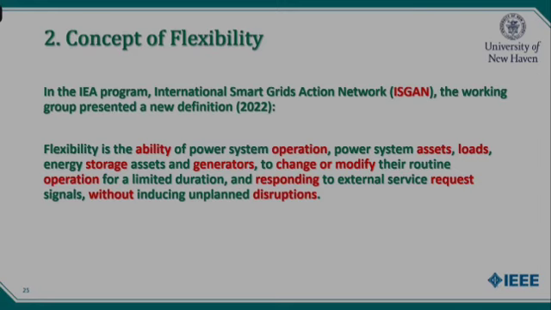Because we need it to change or modify the routine operation mode for a limited time, which is important to focus on. This is a very interesting and general definition. Till now, we have this definition and we can work with it in all different combinations and all apparatus or parts of the power system. Next slide, please.